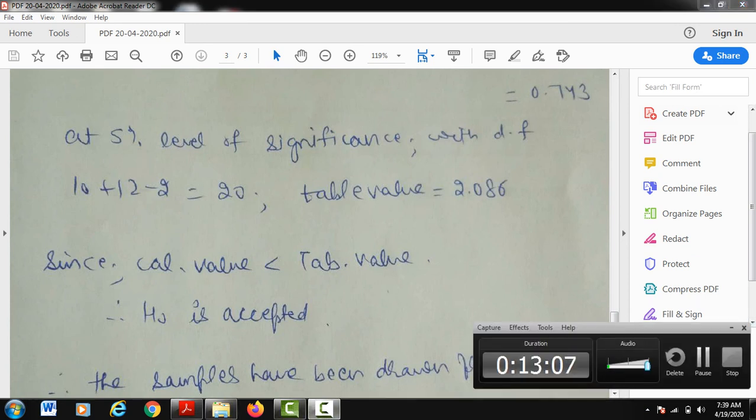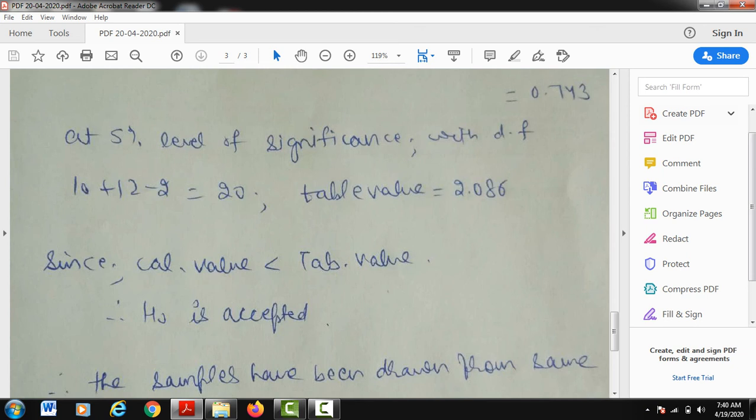In what sense? Because this numerical can come in a long answer type question, because it contains the applications of both t-test and f-test. So students, if I want to check whether the given two samples have been drawn from a population which possesses the normal distribution, then we will firstly apply the equality of variances by using the variance ratio test, which is also known as f-test, and then the equality of means by using the t-test.